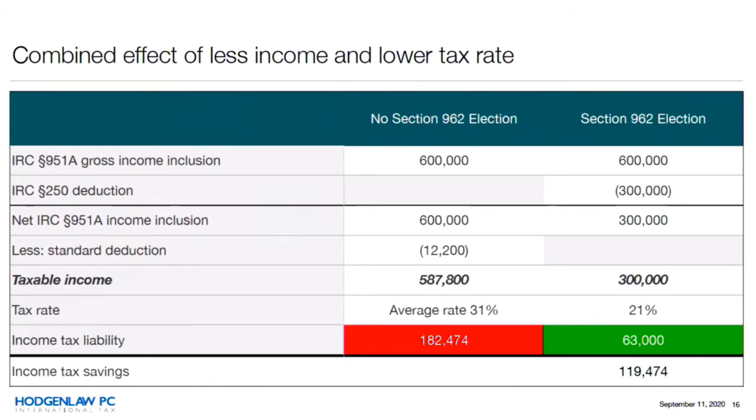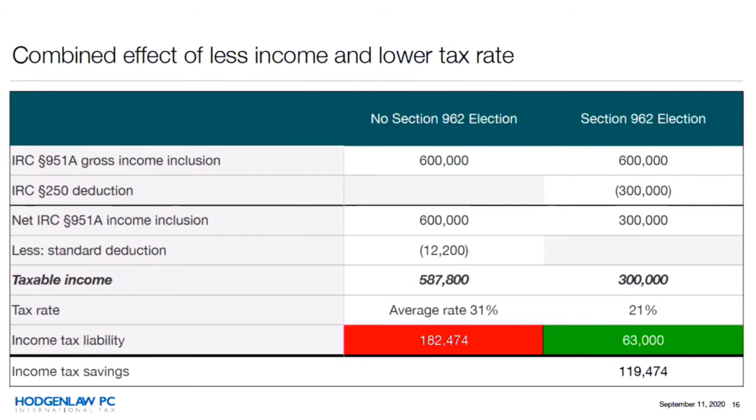So first, let's look at without, just the default methodology if you didn't make the election. You got a sample tax return along with these slides, and these numbers are from the sample tax return. Well, actually, the numbers on the right with the election. The numbers on the left, I hold those in my hip pocket, but I did a sample tax return to calculate those.